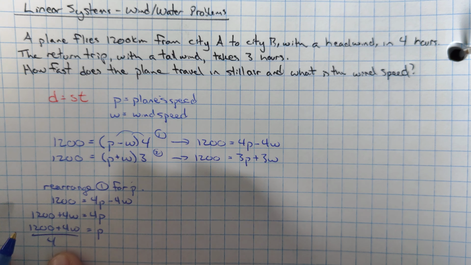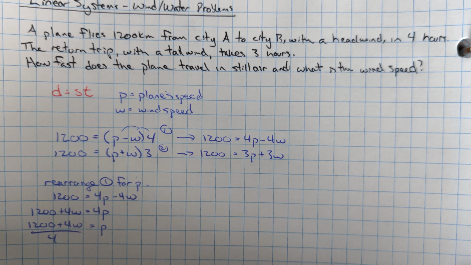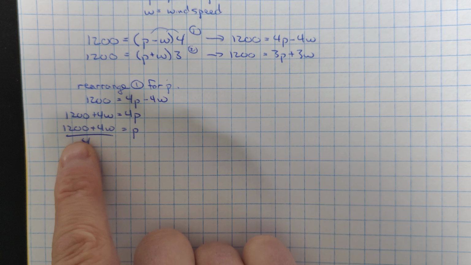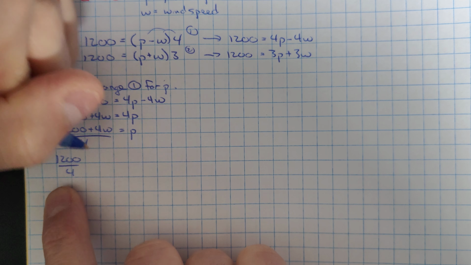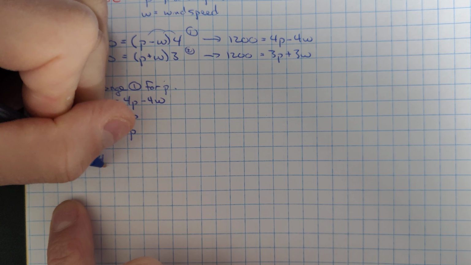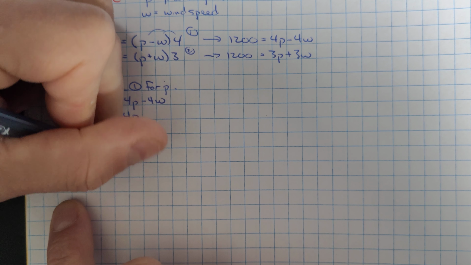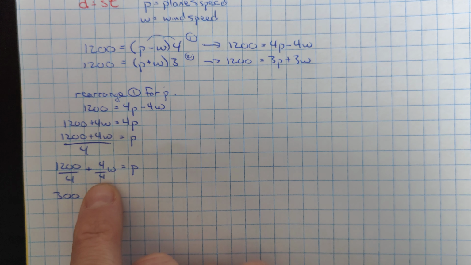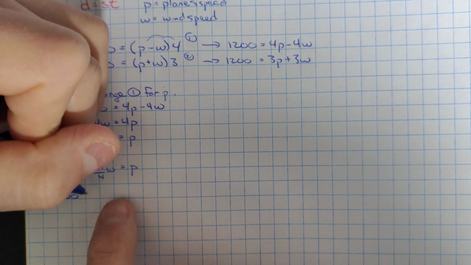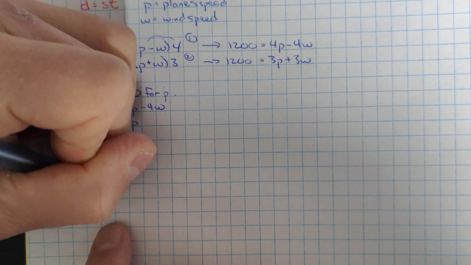And now remember that we can take this 4 on the divisor and we can break it over the two pieces. So 1,200 over 4 plus 4 over 4W equals P. 1,200 divided by 4 will give us 300. And then 4 over 4 is 1, or just plus W.